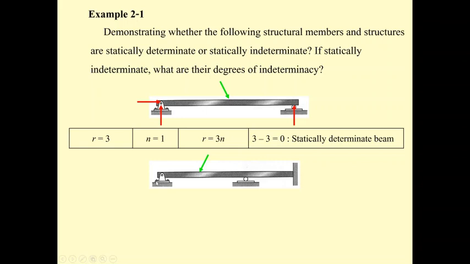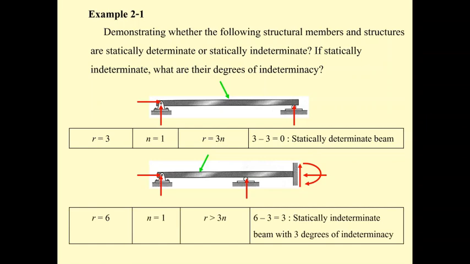And then we have only one free body diagram of the beam. So the equation is going to be 3 times 1, which is 3. So the unknown is 6 and the equation is 3. The structure is going to be a statically indeterminate structure with 6 minus 3 equal to 3 degrees of indeterminacy.